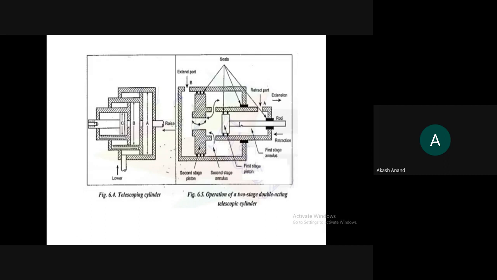You can simply understand the working by connecting it with a hydraulic or pneumatic setup.